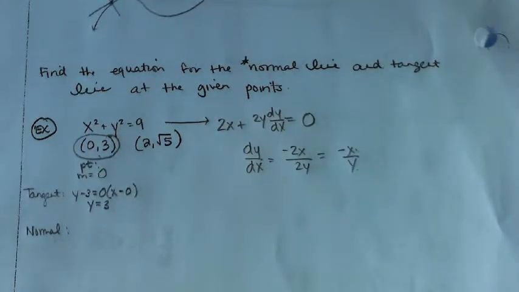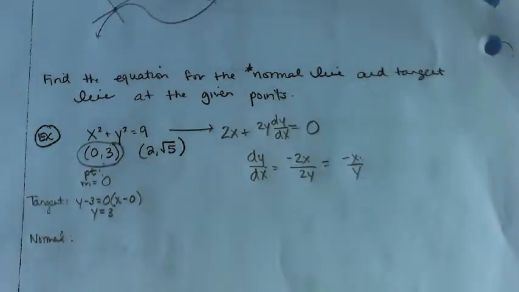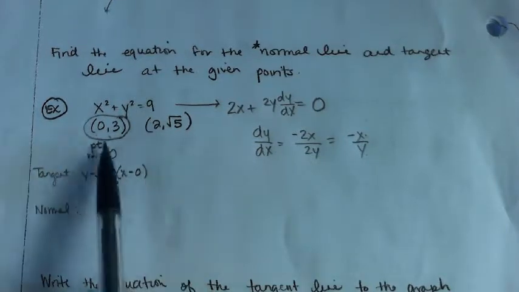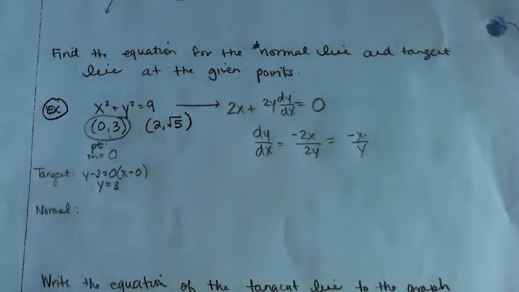What's the reciprocal of 0? Undefined. The reciprocal of 0 is always undefined. So undefined lines are what kind of lines? Vertical, which run by the equations x equals whatever x coordinate we have to go through, x equals 0.